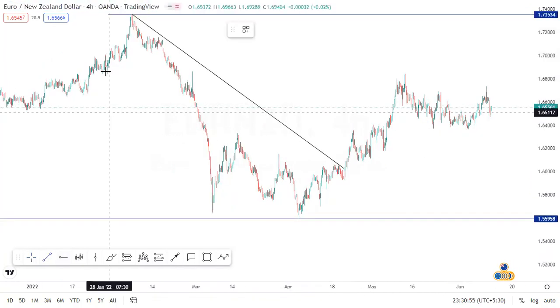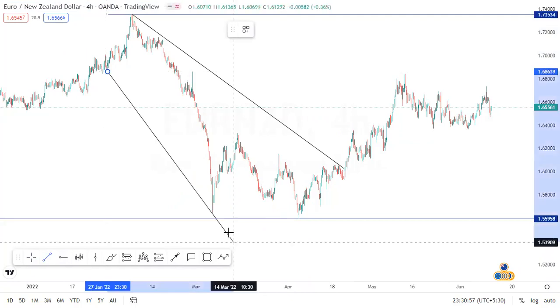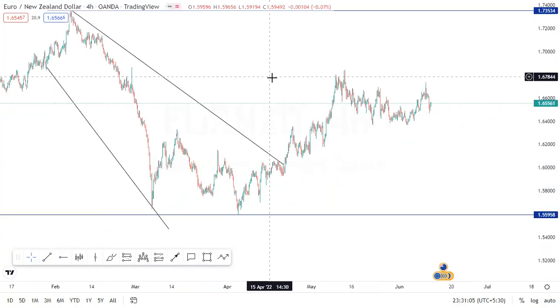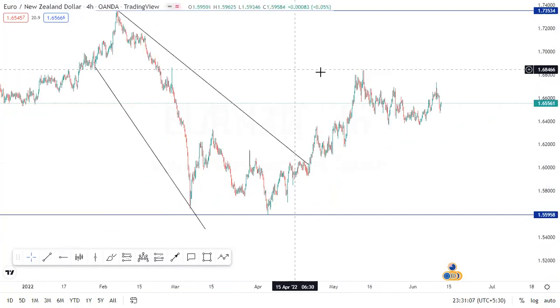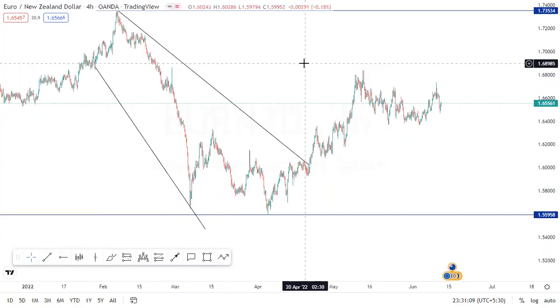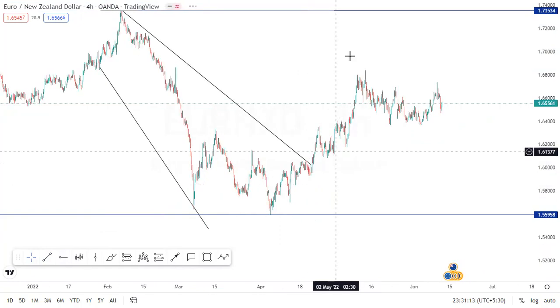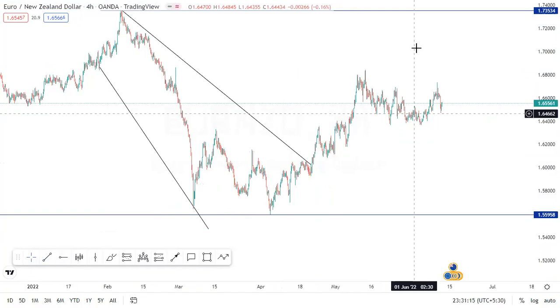There was a double bottom here, so we had 1, 2, and then it pushed to the downside. The way it was moving, it was creating impulse correction, impulse correction, impulse correction, impulse correction.